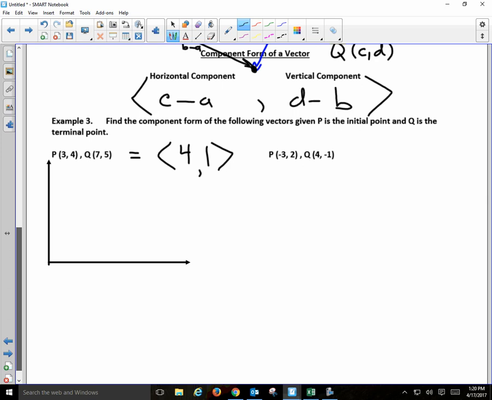Watch, I'll show you how this works. I'll map out 1, 2, 3, 4, 5, 6, 7. So (3, 4) and (7, 5).